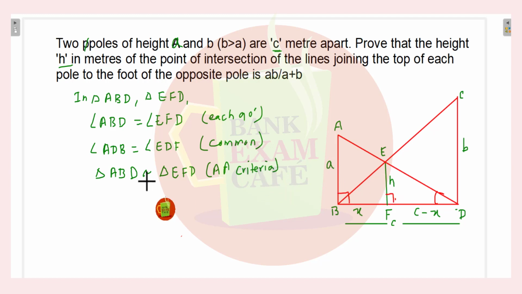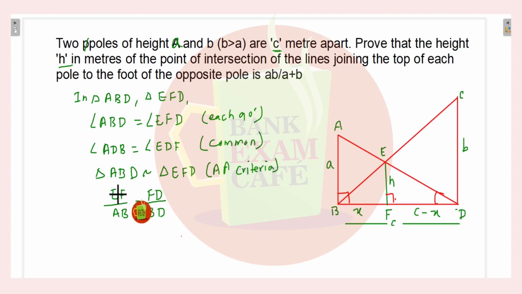And since these two triangles are similar, the ratio of their corresponding sides will also be equal. So we take the ratios of the corresponding sides, that is EF upon AB equals FD upon BD, correct? Now put the values.